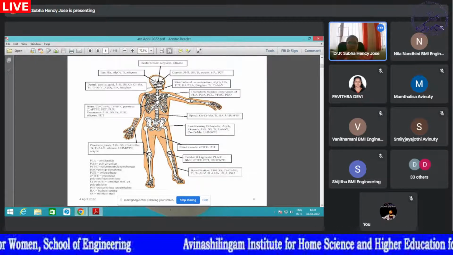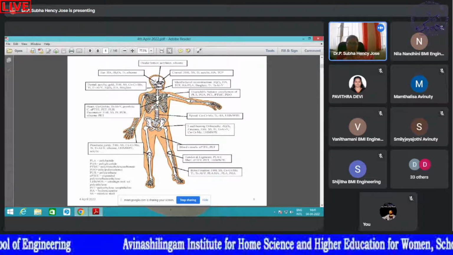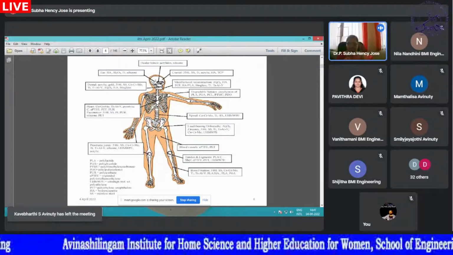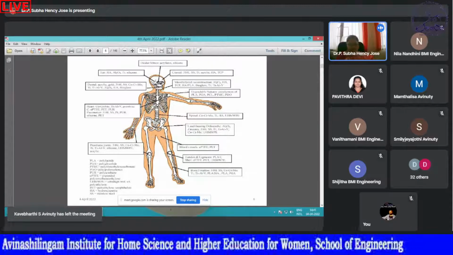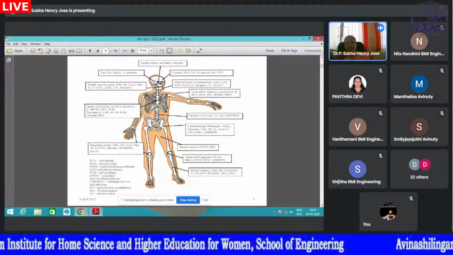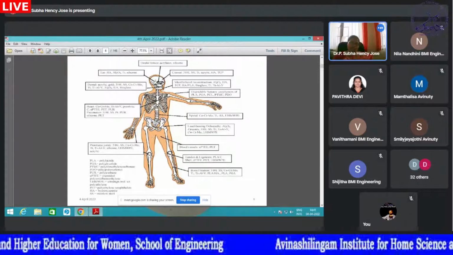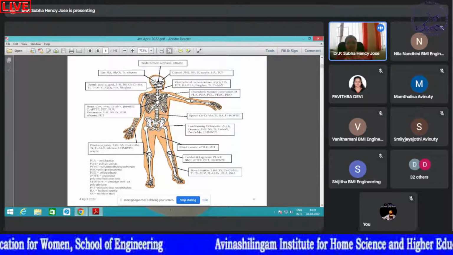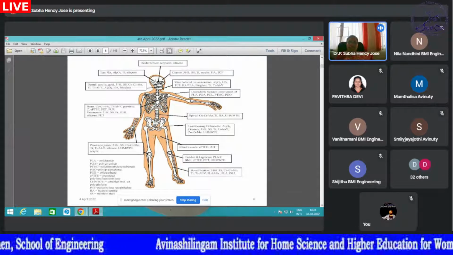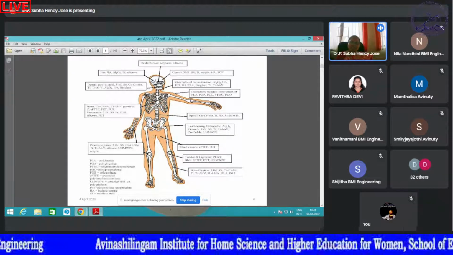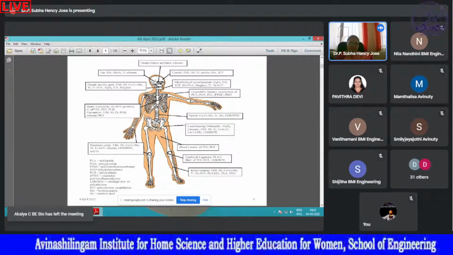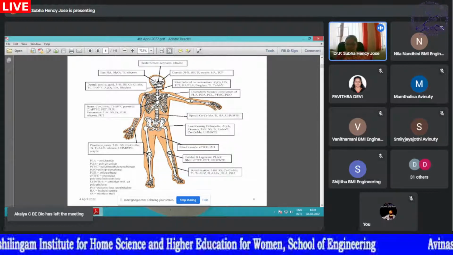All these are nothing but biomaterials. Starting from the head till the lower level, till the ankle, you can replace the joints, the hip joints, the spinal cord, and the heart, heart valves also. In all these areas, biomaterials play a major, important role.